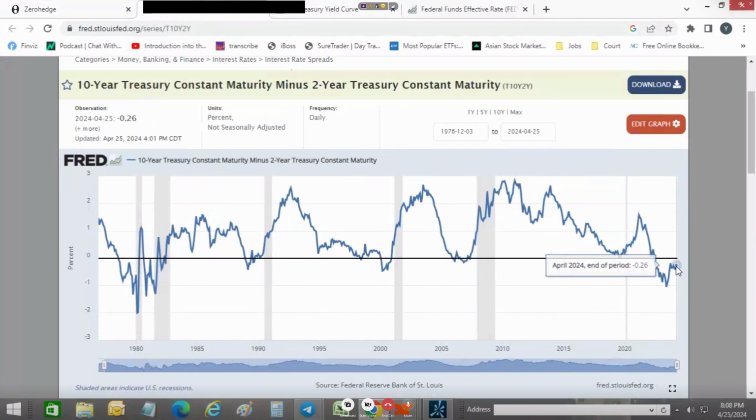But here we are now, it's still inverted deep, but it's getting uninverted quickly, like back here. So I'm expecting uninversion quickly, and then recession, because it happens every single time in history, going back to 1980.